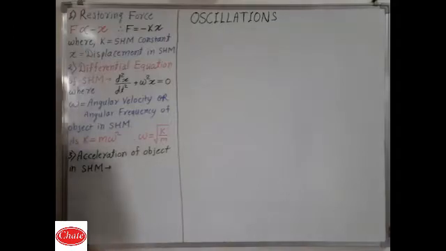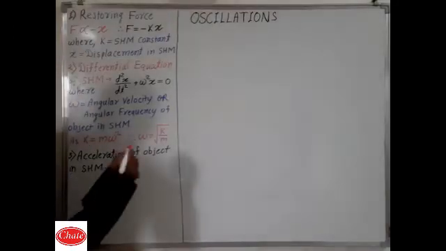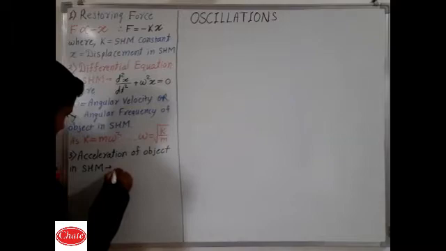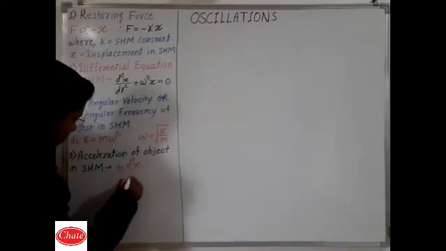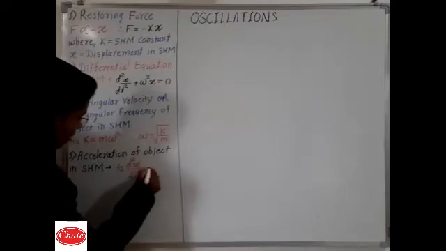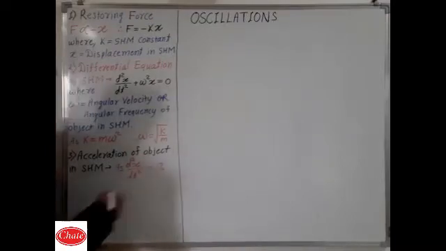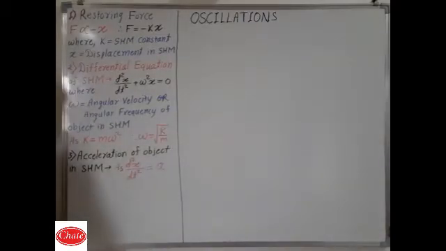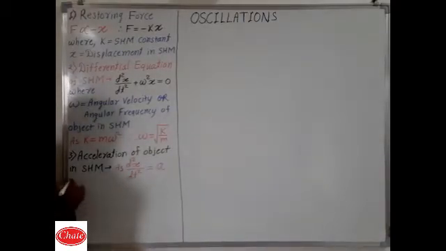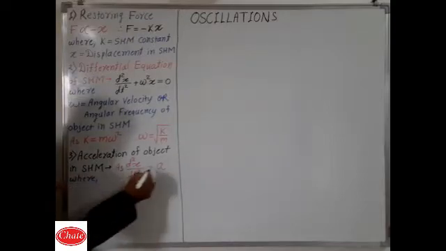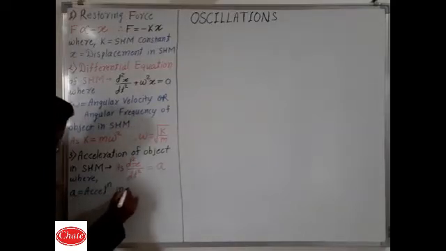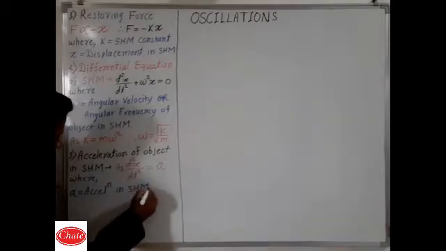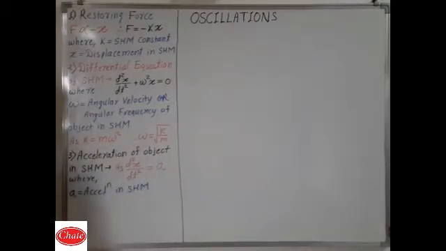Now pay attention. d square x by dt square is equal to a, where a is the acceleration in SHM.